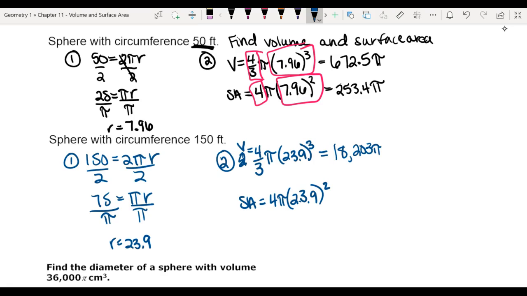Because that's such a big number, being off by 100 is not a big deal, okay? And then for your surface area, you should have approximately 2,285 pi, okay? For that one, if you're off by like 50, you're in the general area, okay?